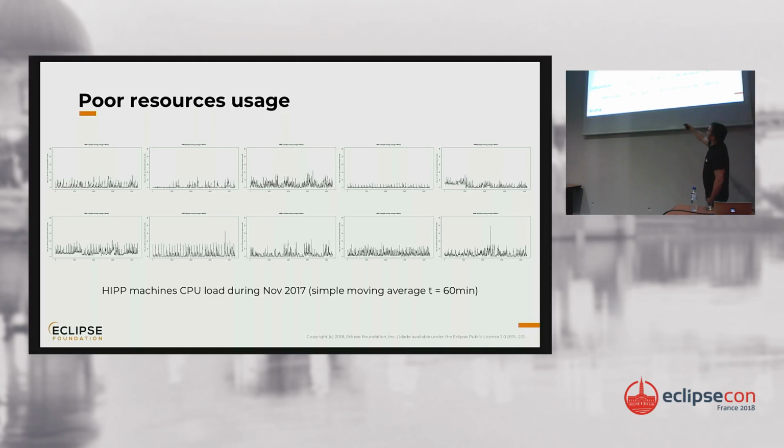You don't see the spikes very well on that, but you can see that most of the machines use less than 20% of the CPU on each and every machine. And you can see that some of them are really idle most of the time, while some others are more used.